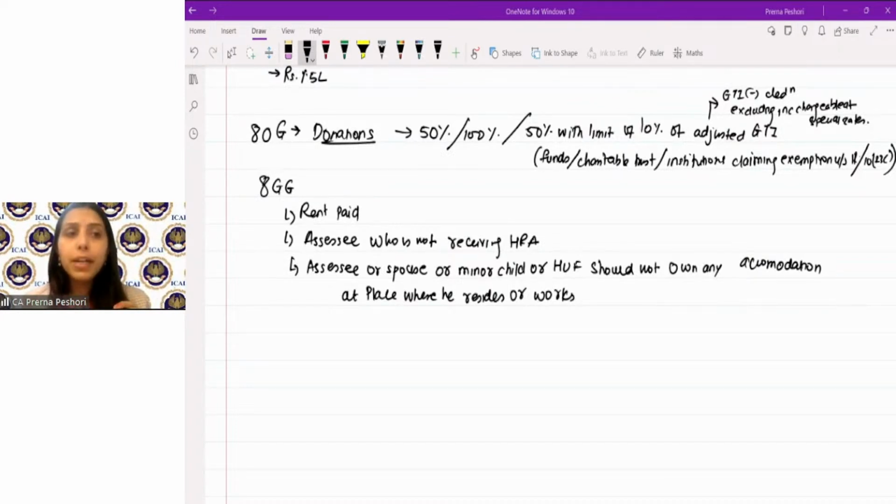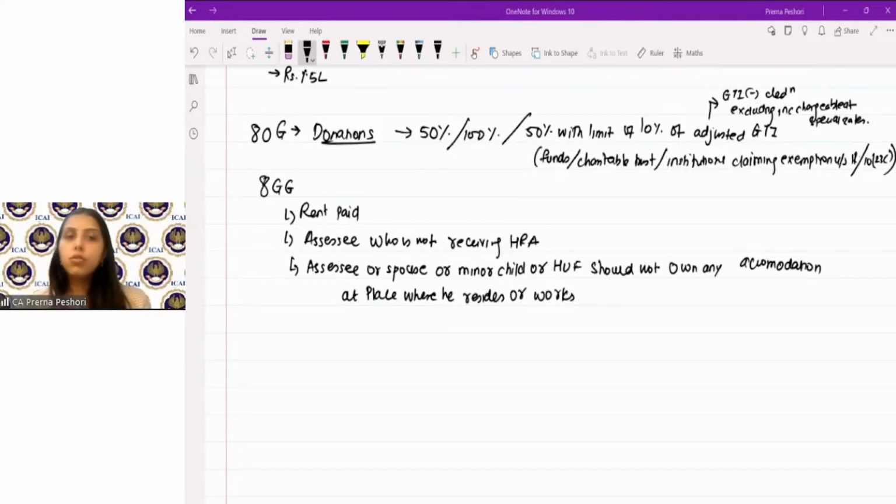Also, that place should not be considered as a self-occupied property, meaning the income should not be charged under the head income from house property. Then in that particular case, this 80GG will be available as the deduction.